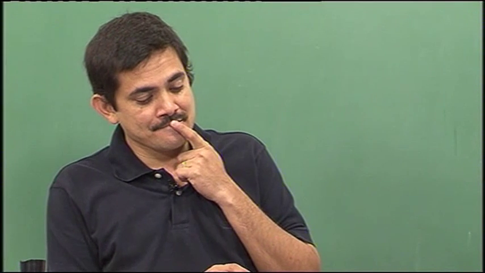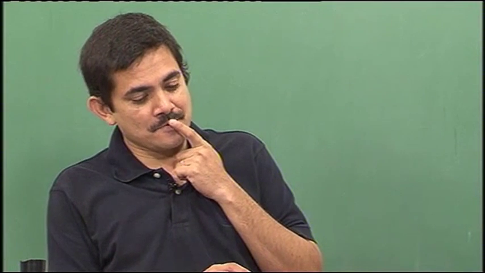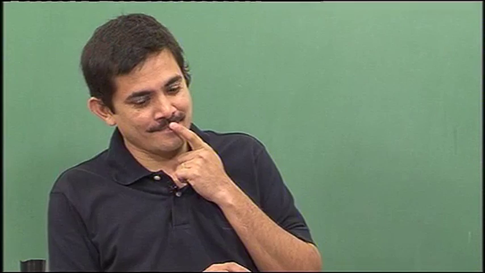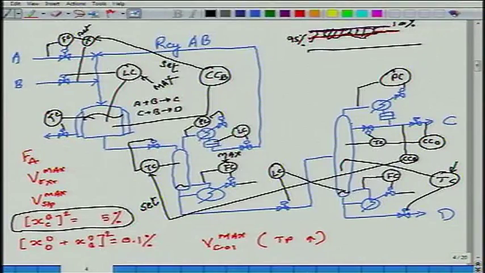I need to control it. You have only one option. What is the option? There are two options actually. Temperature controller and this one. We have this temperature controller option. So I can manipulate the temperature set point, or I can manipulate the B composition set point, right?